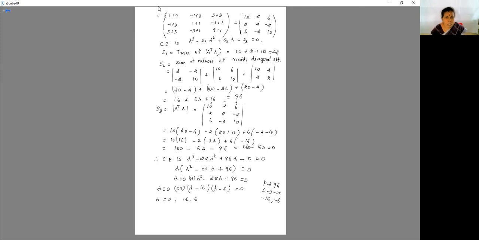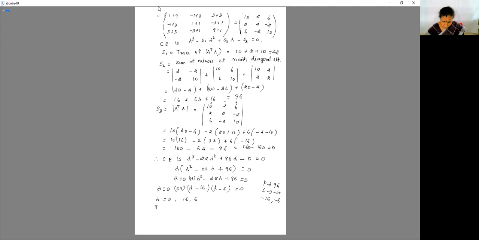Next, our main aim is to find the eigenvectors, because V is nothing but an n cross n orthogonal matrix whose columns are taken as unit eigenvectors of A transpose A. So we need eigenvectors.